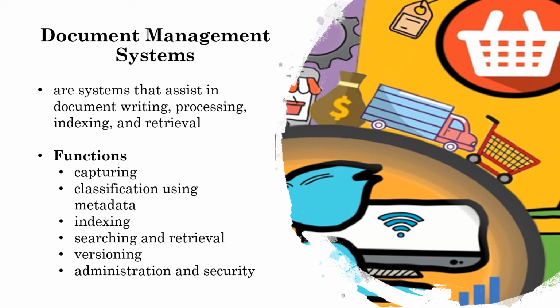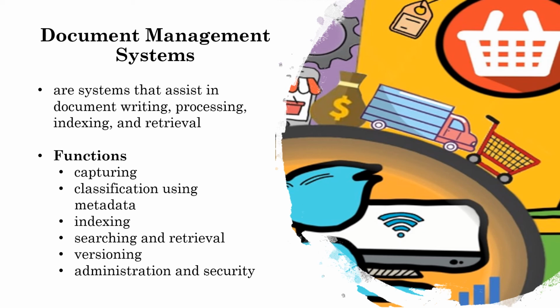Usually, they will include these functions: capturing, wherein the proper documents are made usable and documented, and you can scan them. For companies that have numerous paper documents, carrying out this process may be time consuming and expensive.